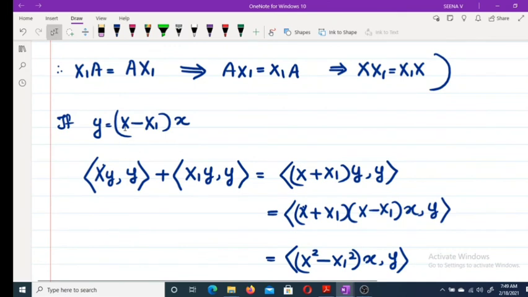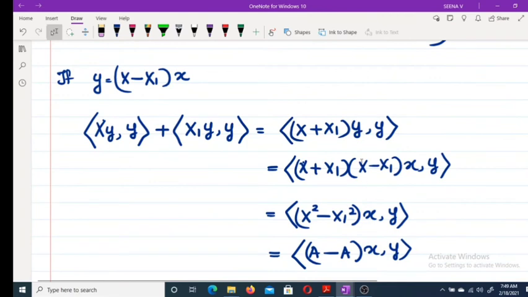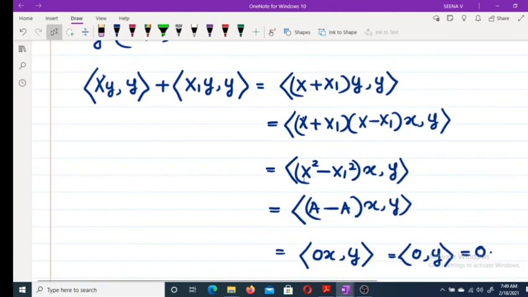Now, if y equal to x minus x1 x, then inner product of xy y plus inner product of x1 y y is equal to inner product of x plus x1 y, y is x minus x1 x, that is this one, x square is a, x1 square is a, equal to 0.